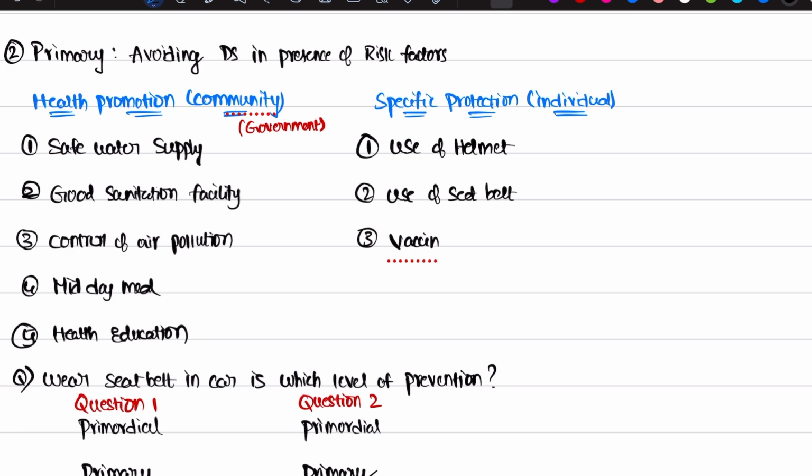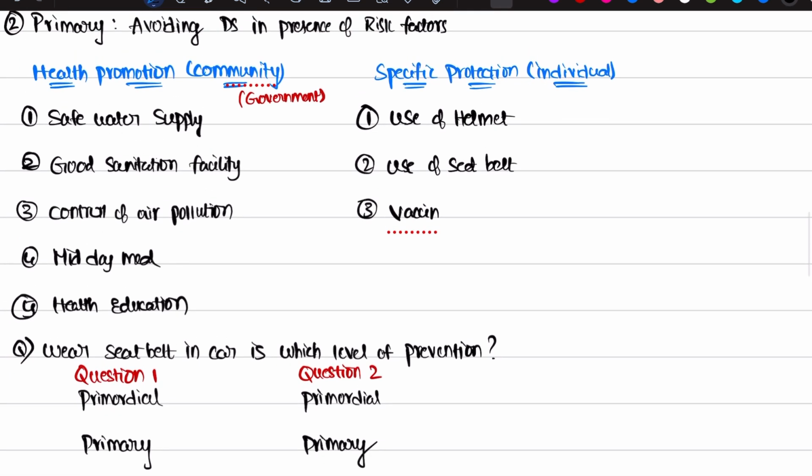I am stressing this point again. If your question comes from this area, you need to answer right. Anything asked by the government to do, anything awareness program given by the government, it is benefiting the whole community. So you need to mark the answer as primary health promotion.